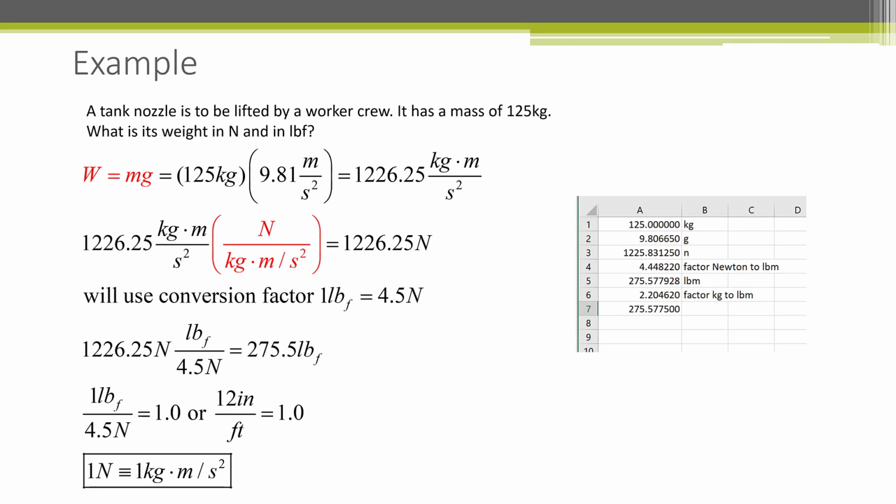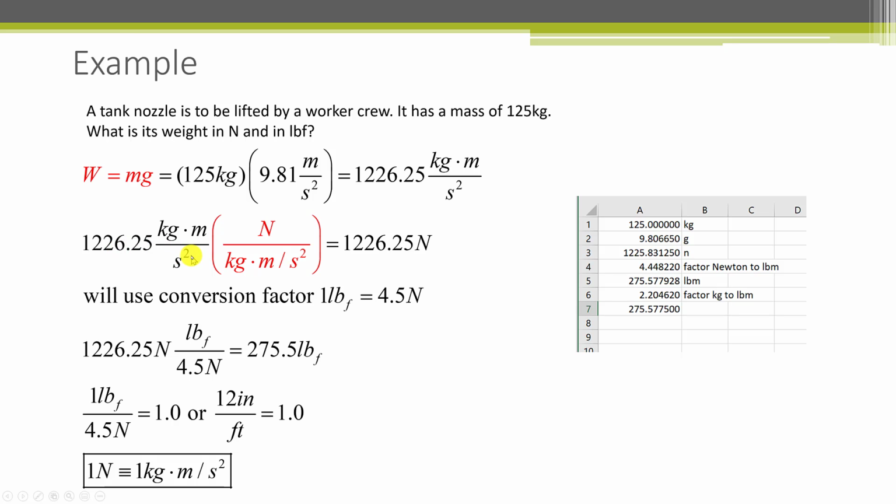Here's an example. We have a 125 kilogram mass. We want to know its weight in newtons and in pounds force. Well, the appropriate equation would be W equals mg. So we have m, 125 kilograms, times g, which is 9.81 meters per second squared. We know that that is 1226.25 kilogram meter per second squared. We multiply out the units.